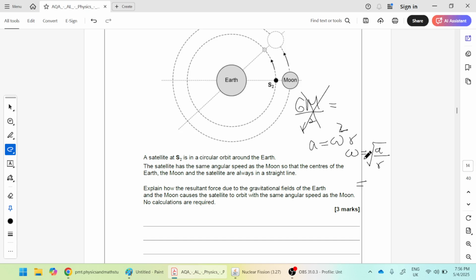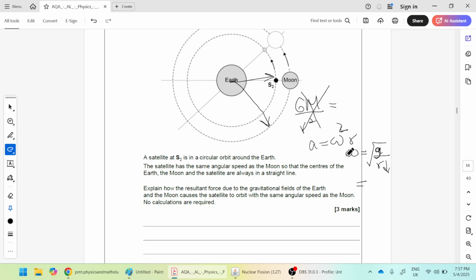Basically, for omega to be constant, I'm going to replace this with a g so that you guys know what I'm talking about. It's the gravitational acceleration, which is the centripetal acceleration. That divided by r needs to be constant, but we know that since S2 has a smaller radius than the moon, this quantity is smaller.